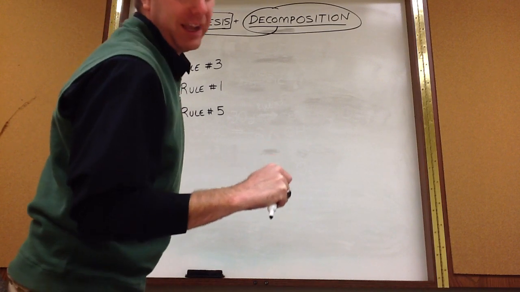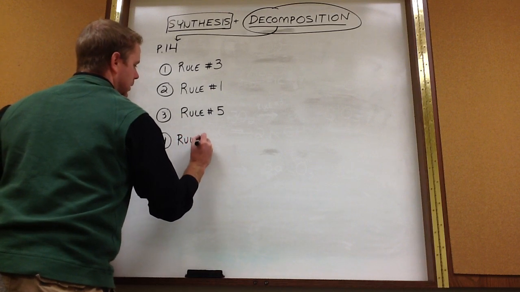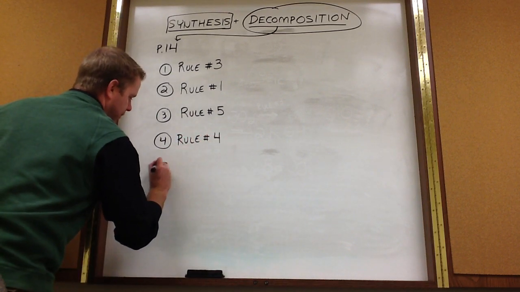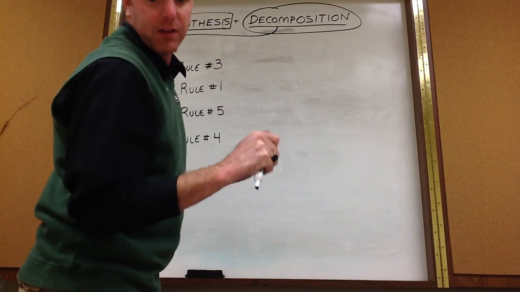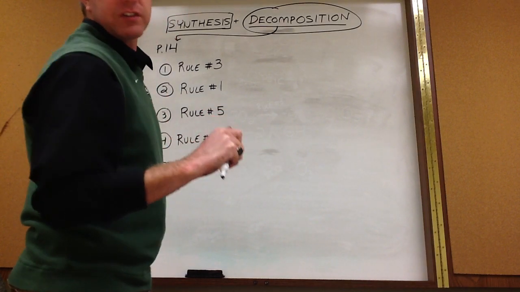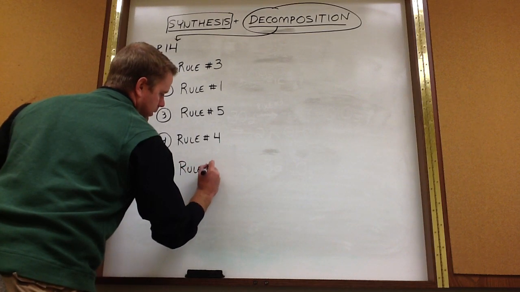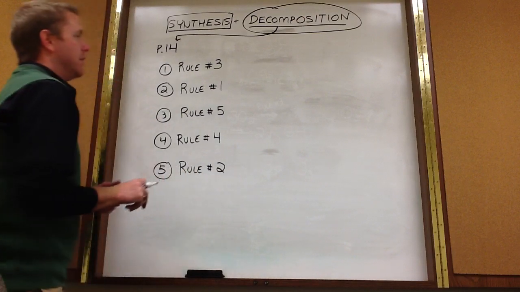Hydroxide is a type of base. Therefore, this one is rule number 4. And number 5, it's a carbonate, zinc carbonate. So I look at what rule governs carbonate, that is rule number 2.